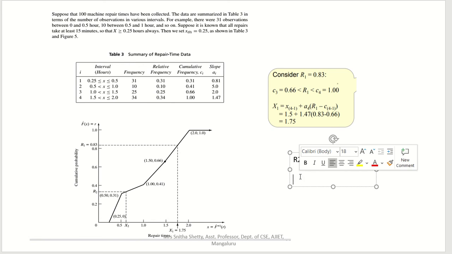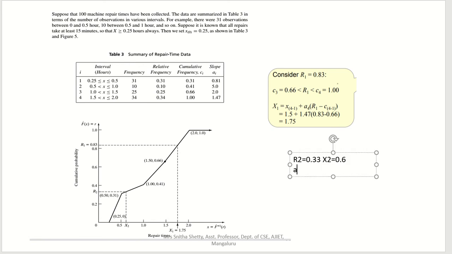So here, a1 is equal to xi minus xi minus 1, so that is 0.50 minus 0.25, divided by ci, that is 0.31 minus 0. When you calculate that, you will get the answer as 0.81.